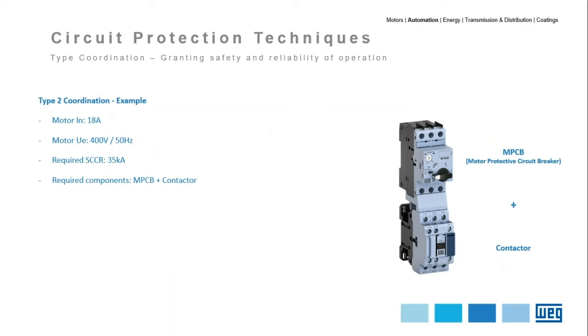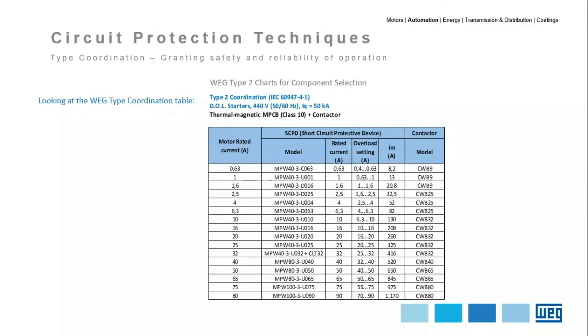So let's take a look at the WEG Type 2 coordination table. We're looking for a 35 kiloamp short circuit rating. However, the next one is 50 kiloamps according to WEG tables. Now that we found the proper Type 2 coordination table, let's look for the combination of components.